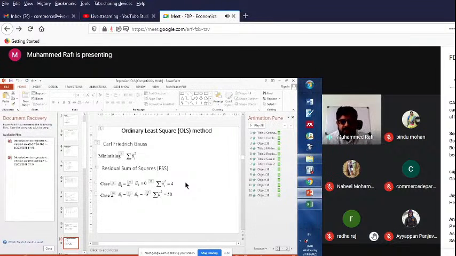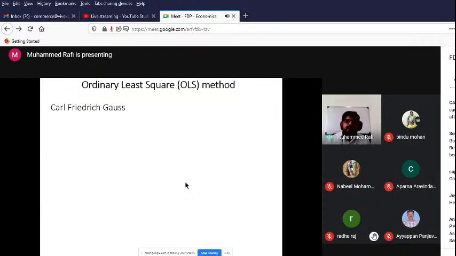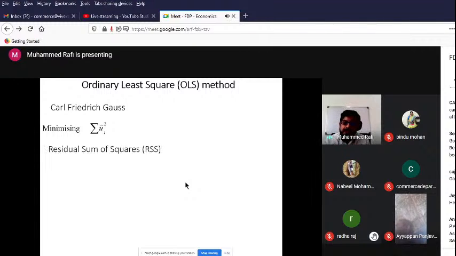There is another method, the ordinary least square method, which was introduced by Carl Friedrich Gauss. He tells you not to go for a method which gives you a 0 sum of the error. He is in favor of the residual sum of squares. So you minimize the residual sum of squares.